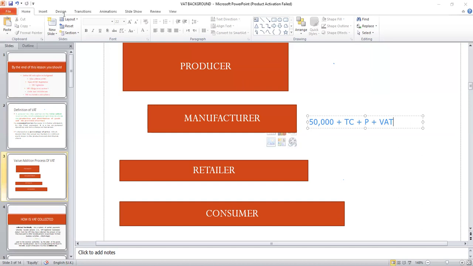This chain is like this. We can have the chain like this.